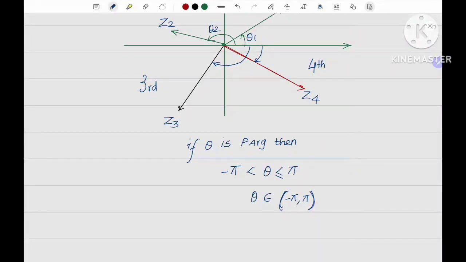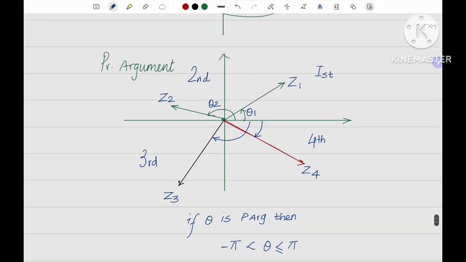So the principal argument cannot have 2k pi added to it, because I cannot complete the full circle, right? I mean, in the first and second quadrant I will measure only in 0 to 180 degree. In the third and fourth quadrant I will measure in the minus direction.